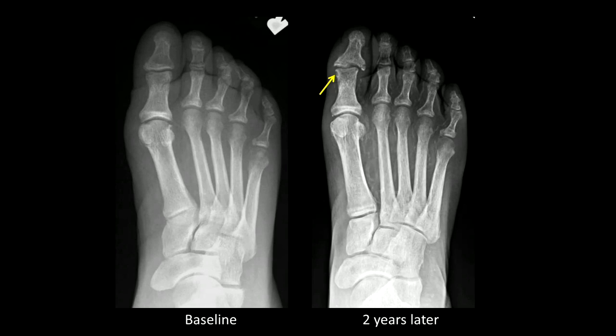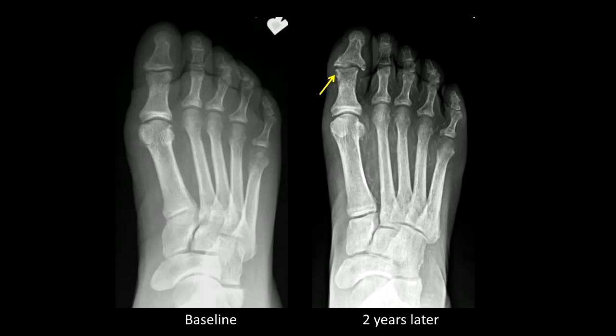Note the marked increase in vascular calcifications in such a short amount of time in such a young individual. Also note the yellow arrow pointing to a marginal erosion around the IP joint of the great toe, a finding that would have a differential that includes gout and rheumatoid arthritis and other erosive arthropathies.